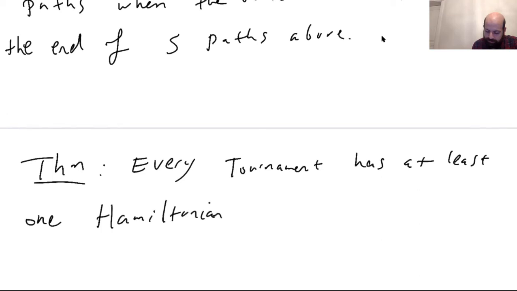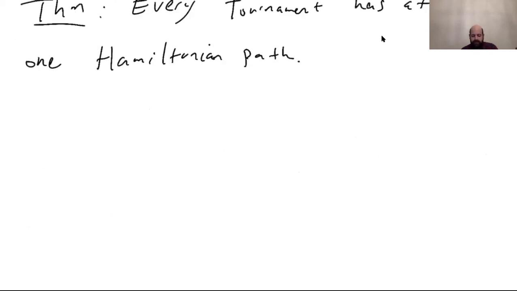This is a standard theorem in graph theory. I want to skip the proof because the proof does not use probability, and our focus here is to use the probabilistic method. You can find this in any standard graph theory book. So let's skip the proof of this.